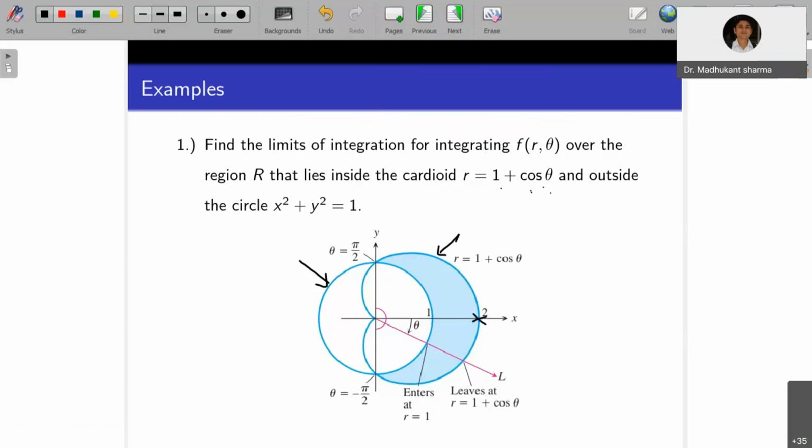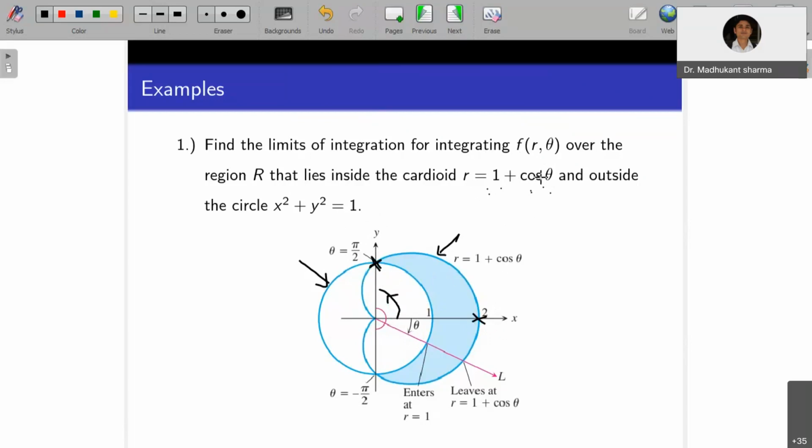So on the x-axis you can locate that point. On the y-axis you have theta equals pi by 2. This is the angle pi by 2. When theta equals pi by 2, r equals 1. So on the y-axis, it is 1.